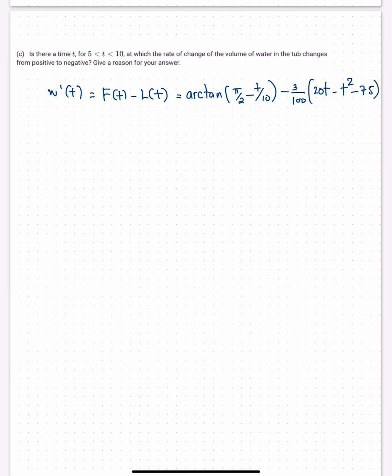So here, 5 and 10. They just want you to verify that there is a t between 5 and 10 where it equals 0.